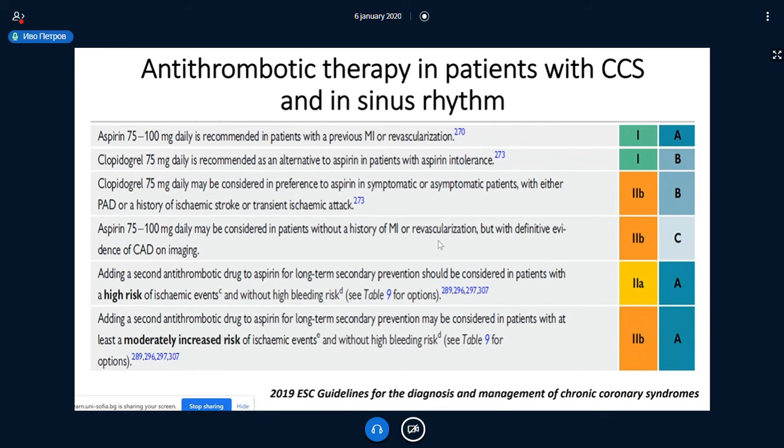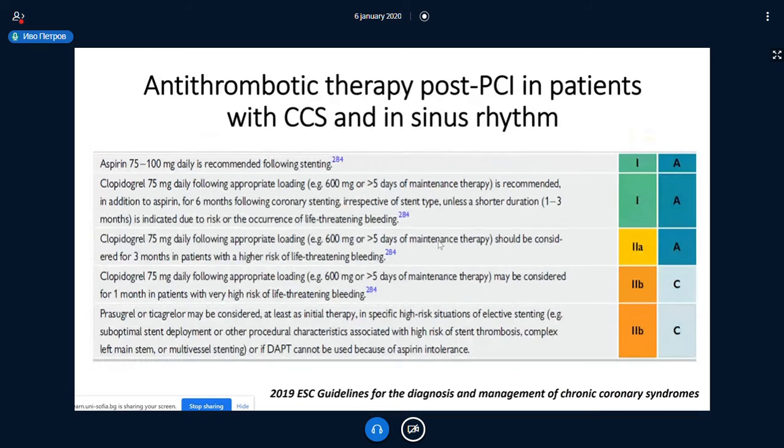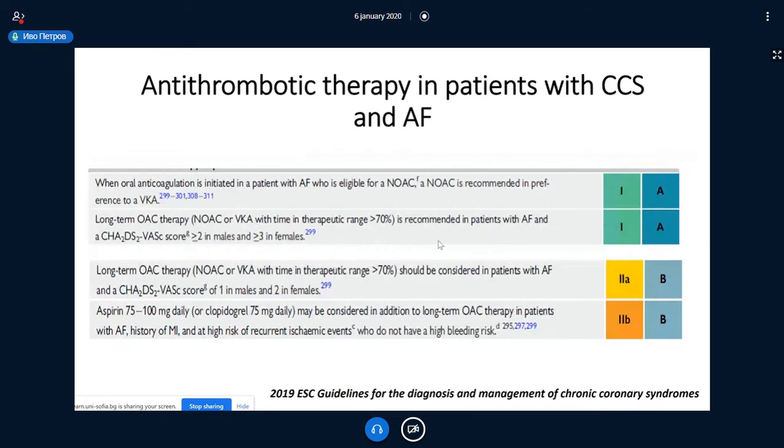So this is in fact the main strategy to reduce the probability of thrombosis of the stent after interventional treatment, especially in patients with myocardial infarction.